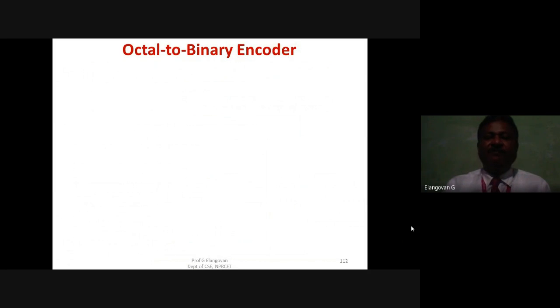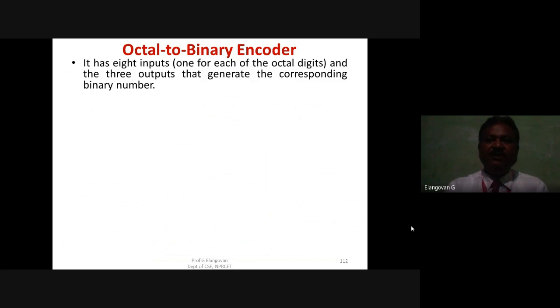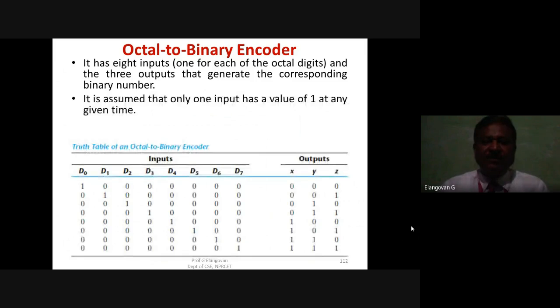For this we can have an example: the octal to binary encoder. You have an octal number, and for the octal number we get binary numbers as output. Look at the octal numbers. You have 8 combinations of input, and from these 8, any one is high level at any instant. Look at the input columns D0 to D7: only one is high level at any instant.